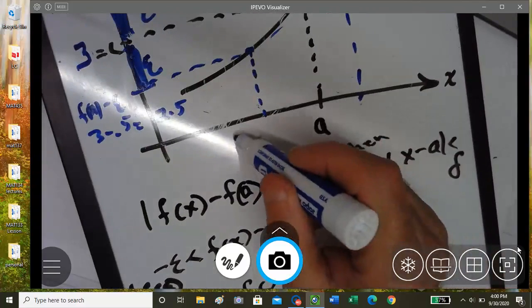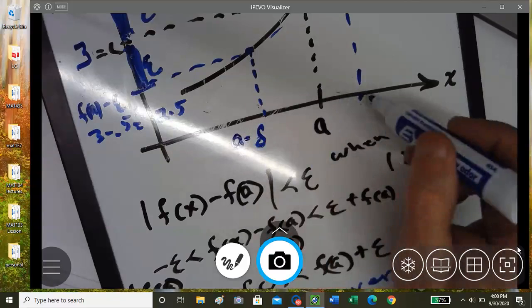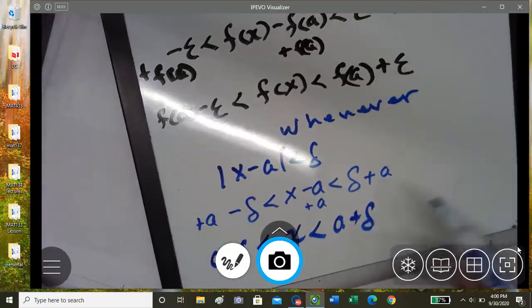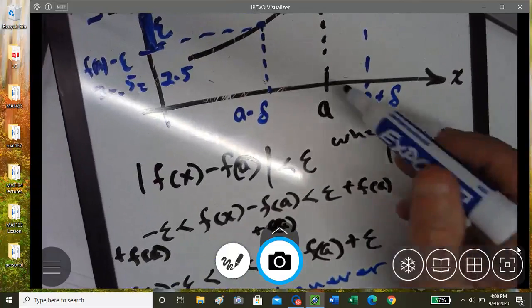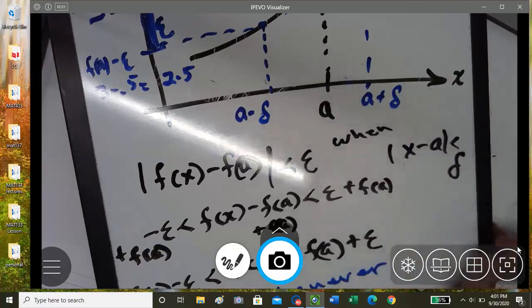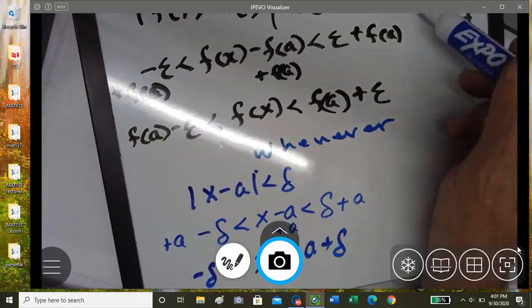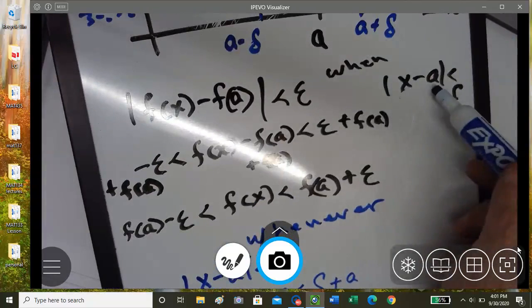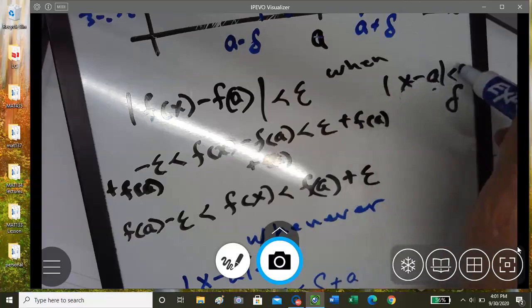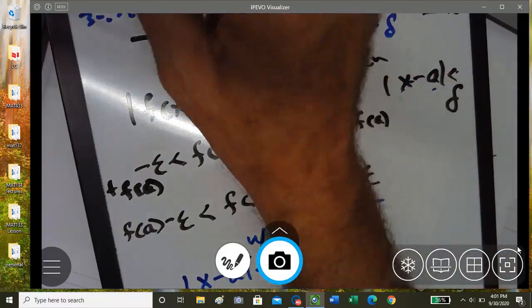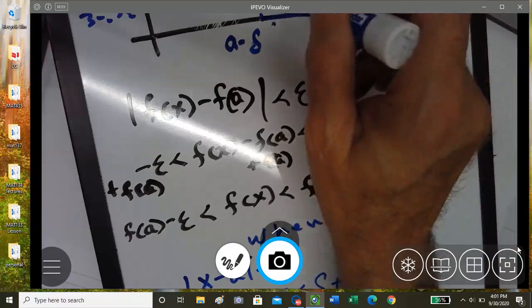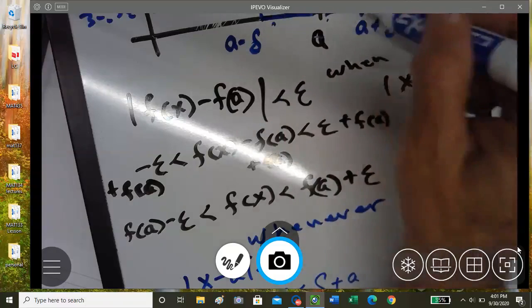So this would be A minus delta and A plus delta, these numbers down here. If the difference between x and A is less than delta, we can guarantee being within this epsilon range. So this is delta, this is delta.